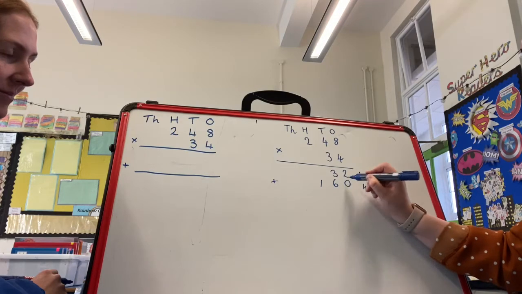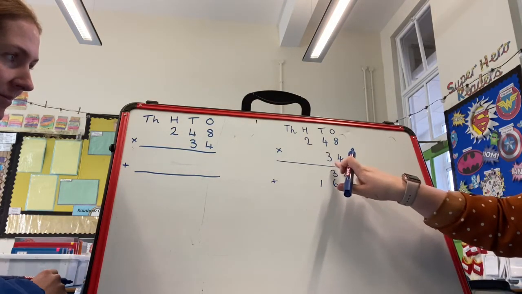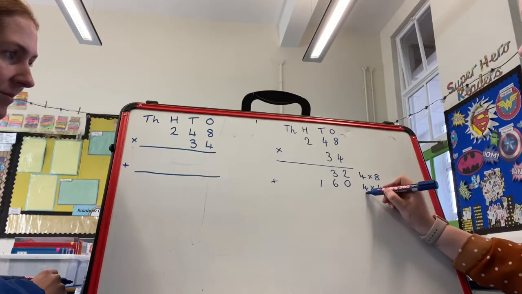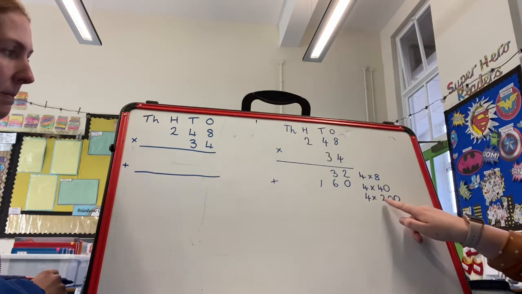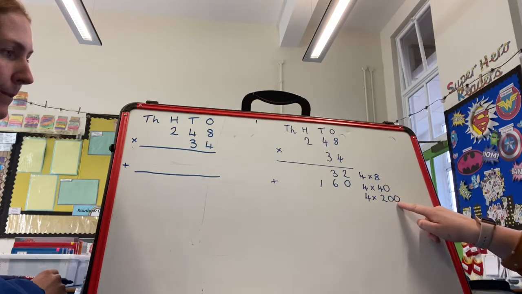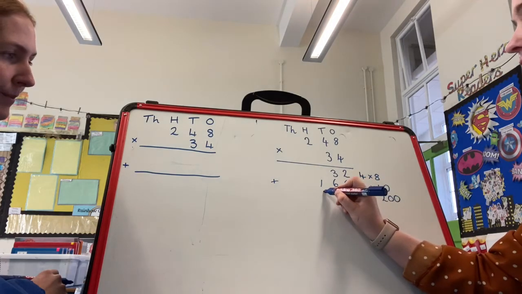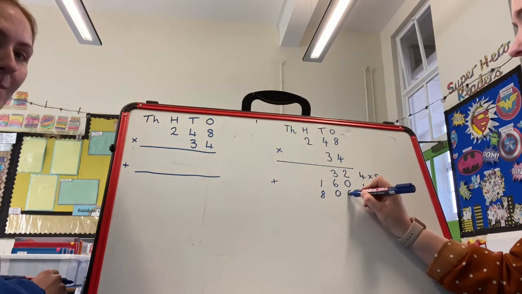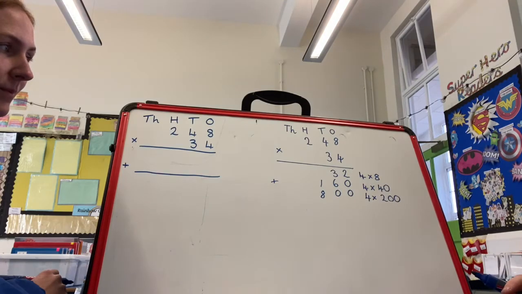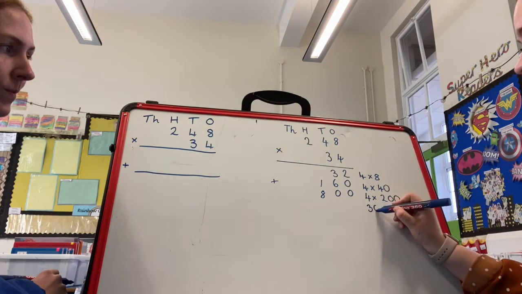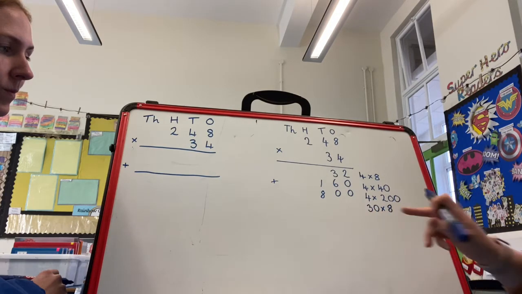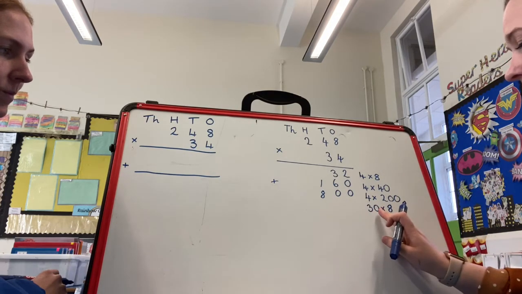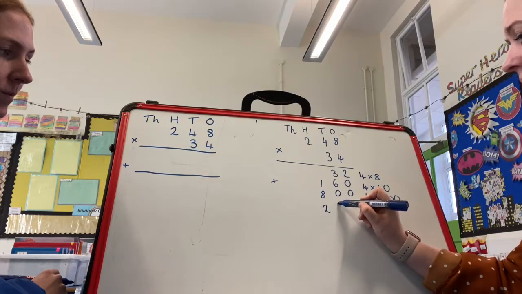It's going 10 times bigger. Then I'm doing 4 times 200. 4 times 2 is 8, multiplied by 100 becomes 800. Okay, so now I'm going to move on to multiplying by my 30. So I'm doing 30 times by 8 to start off with. 8 times 3 is 24, multiplied by the 10 is 240.